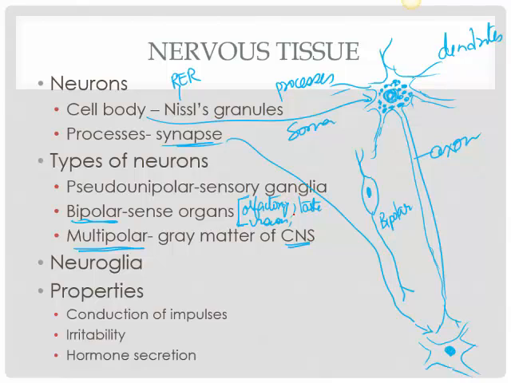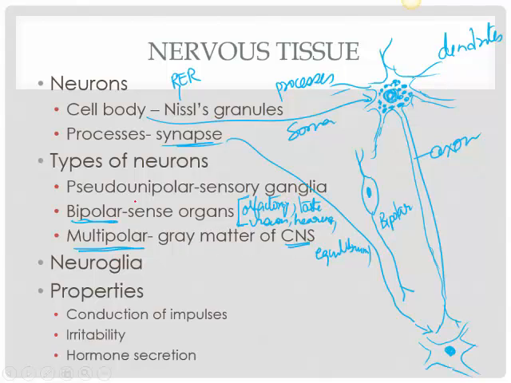Ears, very good, for hearing and also for equilibrium, to maintain balance. So in the olfactory area, the tongue, the retina, and the ear, your special sense organs all have bipolar neurons.